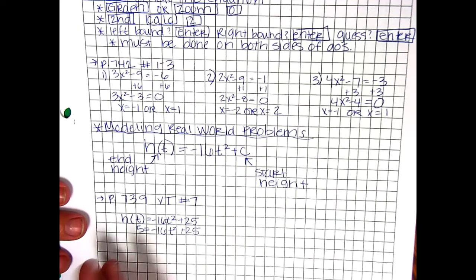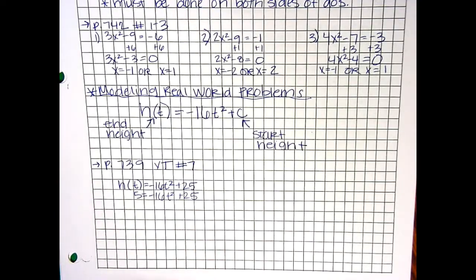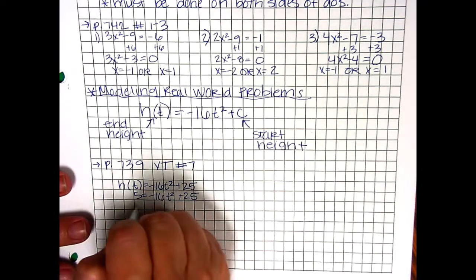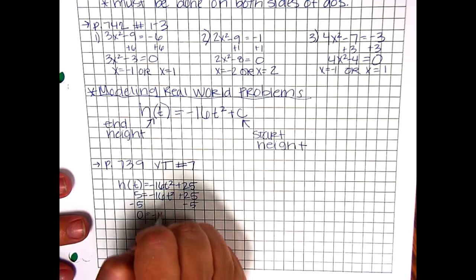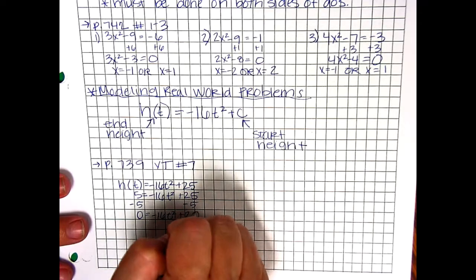Okay, and we're going to solve for zeros to be able to find the seconds. So I need to subtract 5 first. So I get 0 equals negative 16 t squared plus 20.